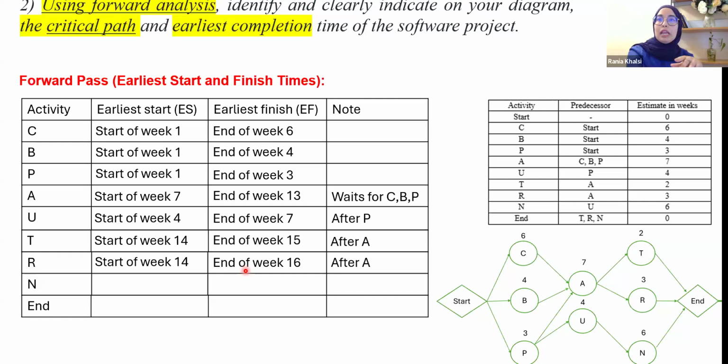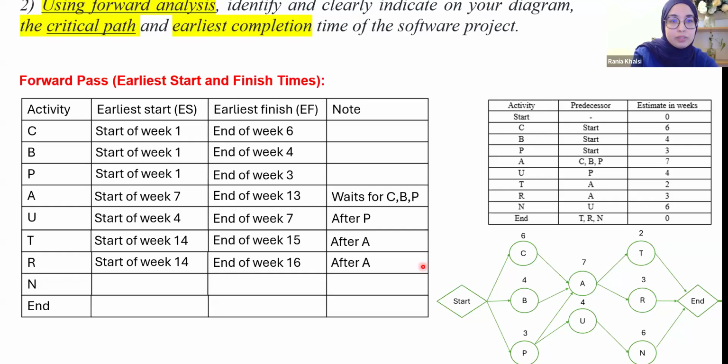Good. The last one before the end is activity N. Activity N comes after activity U. So we check in our table the row for activity U. The earliest finish is the end of week 7.